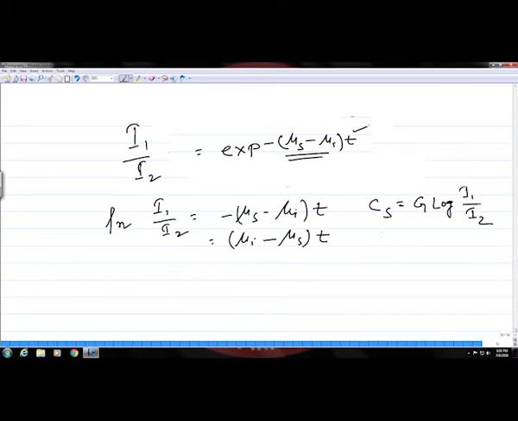So, if you convert this in terms of ln, this is the factor which will come. And we have already derived that ln I1 by I2 is this. So, the contrast from an inclusion will be equal to this.